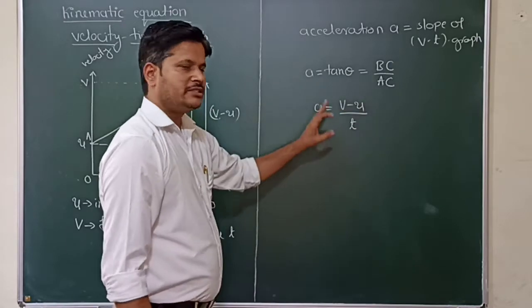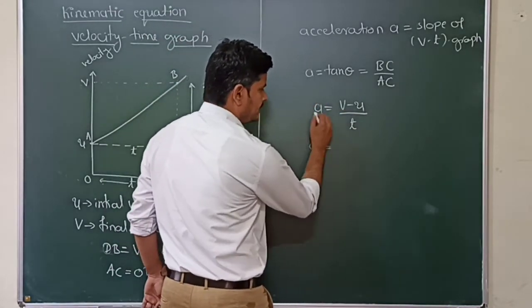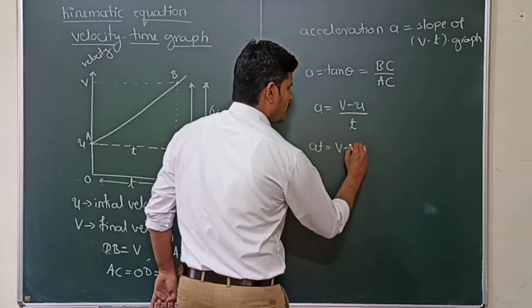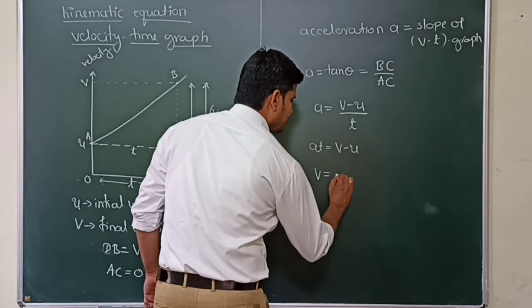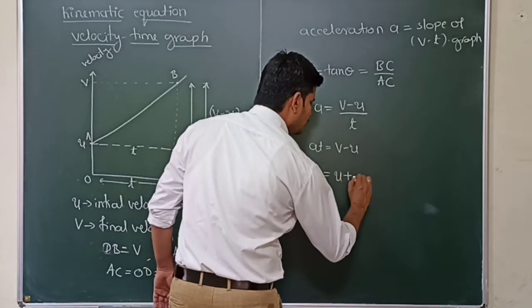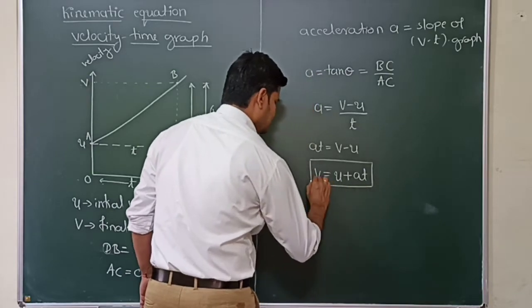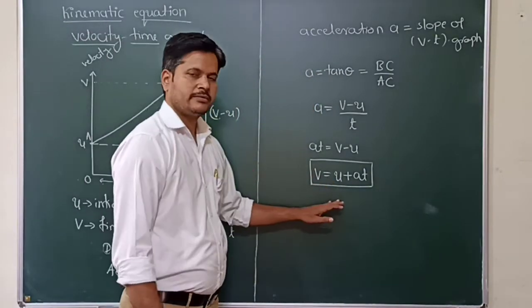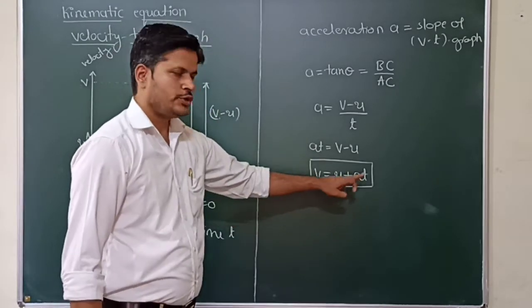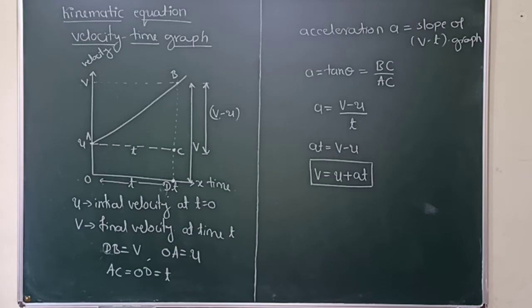Now rearrange this equation: a times t equals v minus u, or v equals u plus at. This is the first kinematic equation. Remember, v equals u plus at, or take a snapshot of this board.